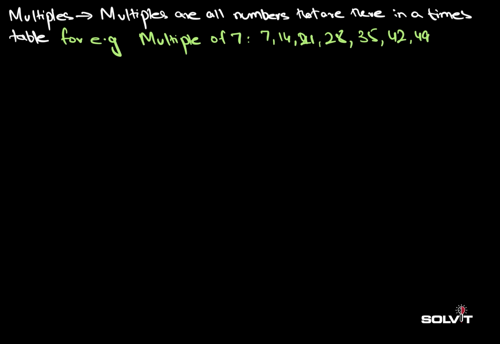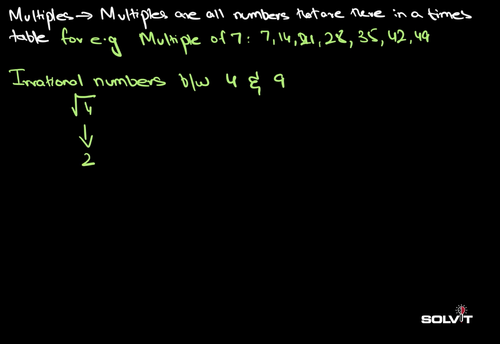Okay, so what I mean to say is, I'll explain to you, irrational numbers between 4 and 9. The square root of 4 is 2 and the square root of 9 is 3.